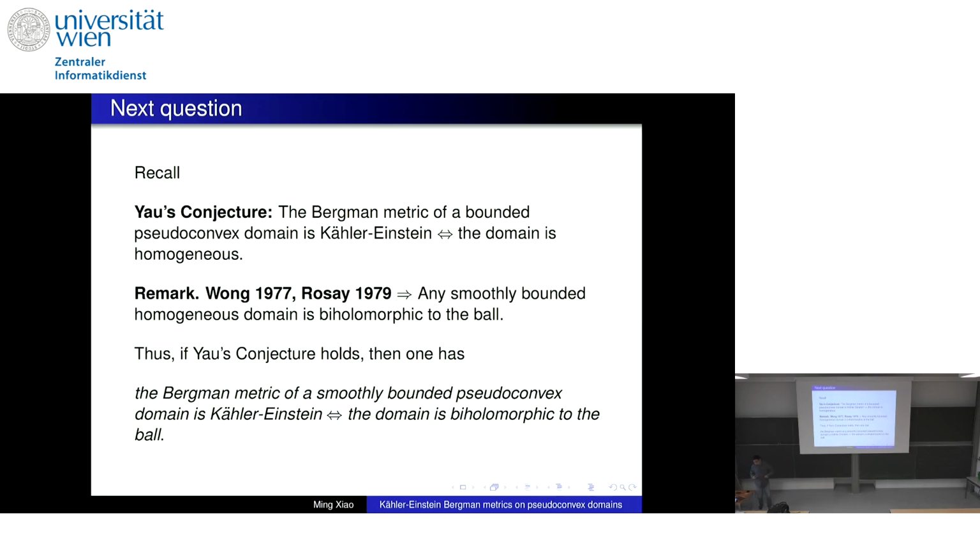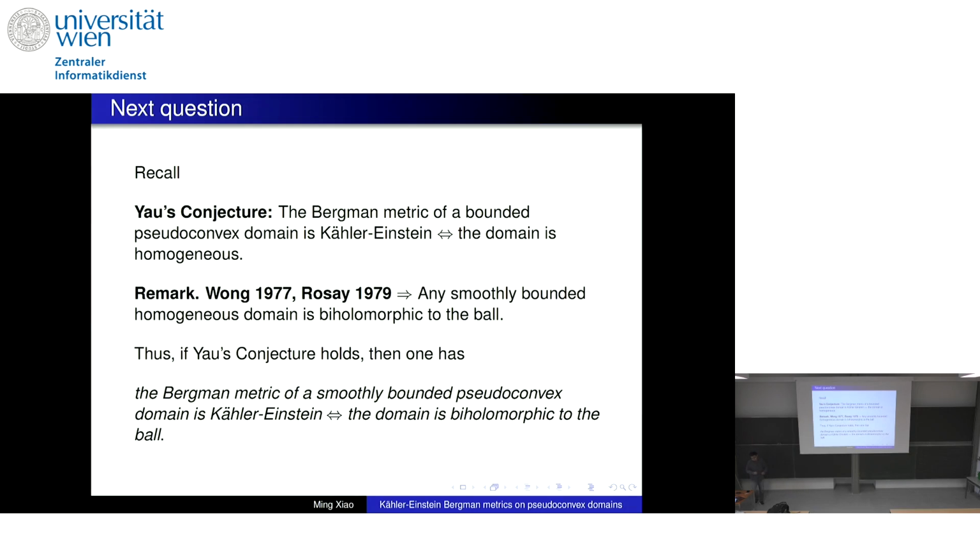But let's, again, refresh our memory about Yau's conjecture. Yau's conjecture says that on a bounded pseudoconvex domain, the Bergman metric is Kähler-Einstein if and only if it's homogeneous. And now we are interested in the smoothly bounded and finite type case. I would like to remark that by an extension of Rosay's theorem, the original statement of Rosay says this: if we have a so-called boundary orbit accumulation point that is smooth and strongly pseudoconvex, you just need one such point, then the domain is biholomorphic to the unit ball.